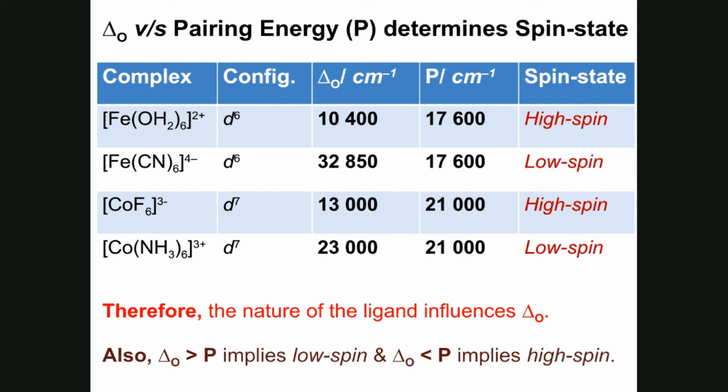It's a d6 metal because it has iron in a 2+ oxidation state. The six ligands cause a splitting of 10,400 wave numbers, and the energy needed to pair electrons in iron 2 is 17,600, right?